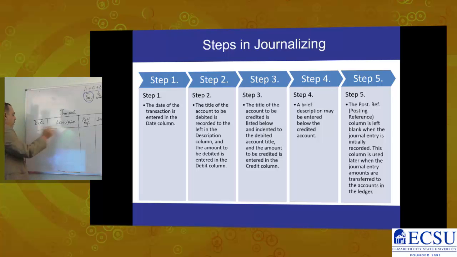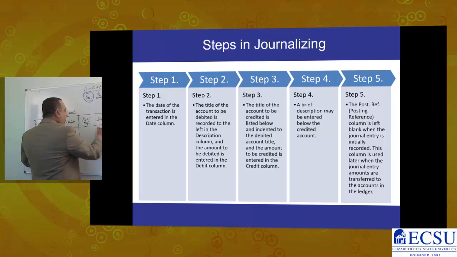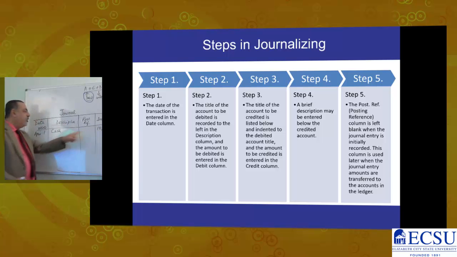Step number 1 was I put a date, supposing 2020, April 1st. Then supposing I have an account, let's say the cash account, is debited with, let's say, $10,000. So that is the second step. The third step is the title of the account to be credited is listed below, and remember, it is indented to the debited account title. What is indent?